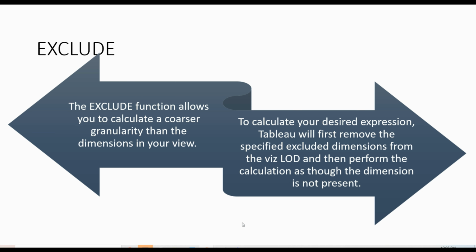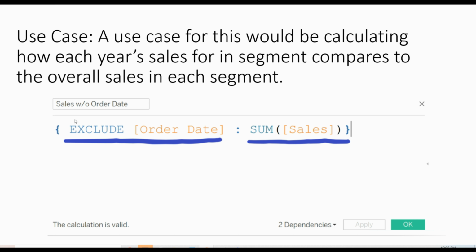Okay, so next is the exclude function. On the word itself, you can find that the exclude function allows you to calculate a coarser granularity than the dimension in your view. If you are using exclude, this would be calculating how each year's sales in a segment compares to the overall sales in each segment. You are excluding the order date, but you are finding the sum of sales excluding the order date.